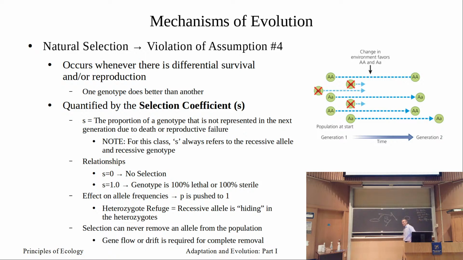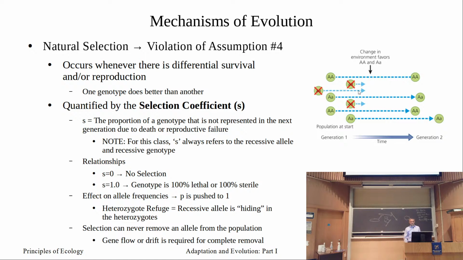Selection is going to remove a proportion of our individuals from the population, a proportion of a specific genotype, depending on what we're selecting against. We're going to model that proportion that gets removed using this selection coefficient. Our example here, and I believe this diagram's in our book, if you have the book. Most of these diagrams, at least these nicely generated diagrams, are also posted.